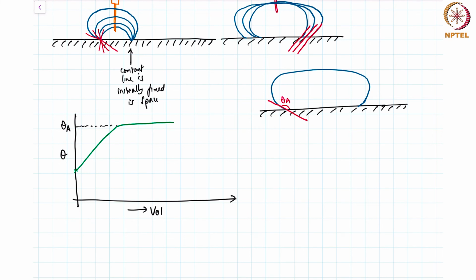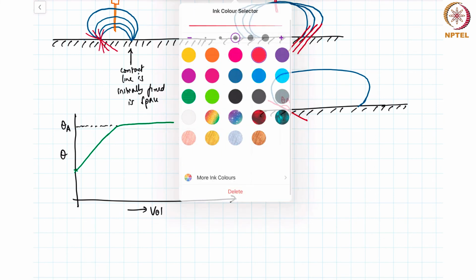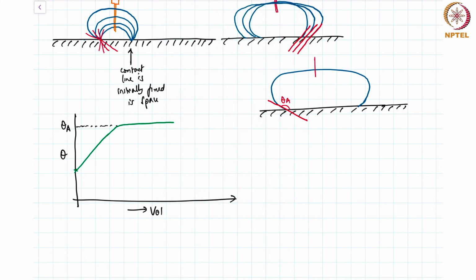Now if you start pulling the fluid out, where the motion of the piston is upwards now, then I'll show the droplet shapes in green now. The contact line position typically remains fixed initially there.